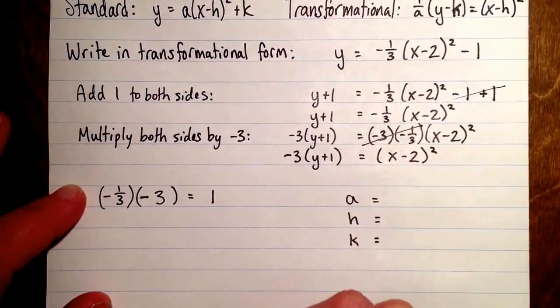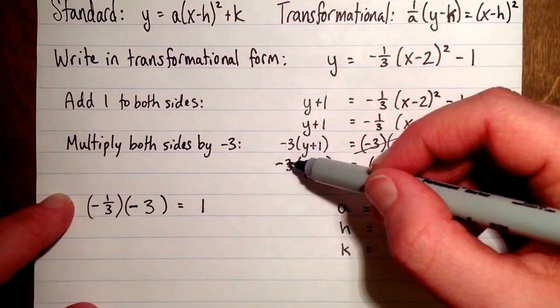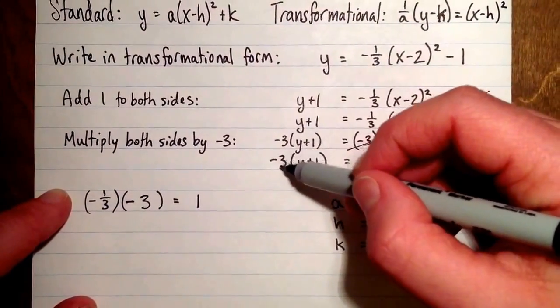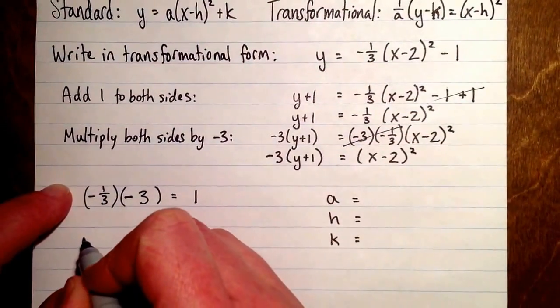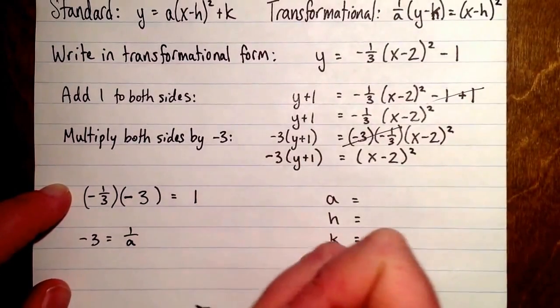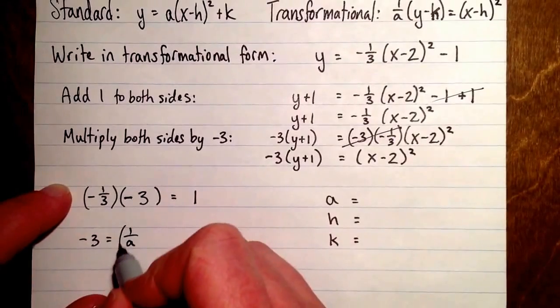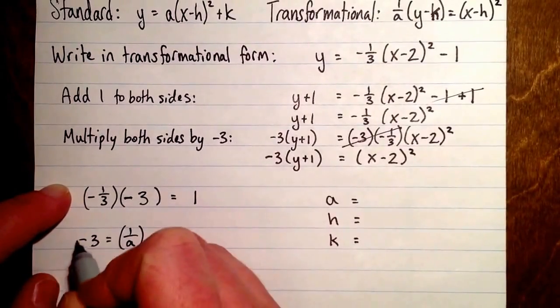Lots of you may have the idea that you just flip it. If 1 over something equals this, then a is going to equal that upside down. But I'll show you why. Negative 3 equals 1 over a. Now I have 1 divided by a, so I'd like to get rid of that in the denominator. I'm going to multiply both sides by a.